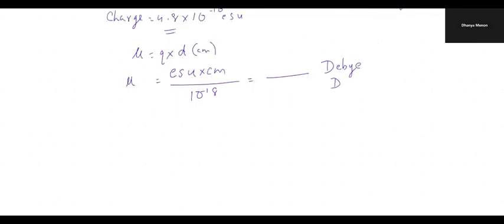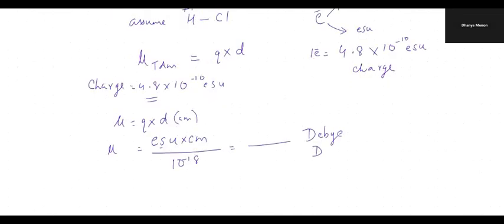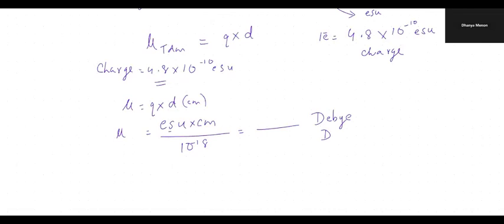Whatever charge is given is converted into ESU, and then the distance in centimeters is divided by 10 raised to -18. We will do one example, and it will be clear.